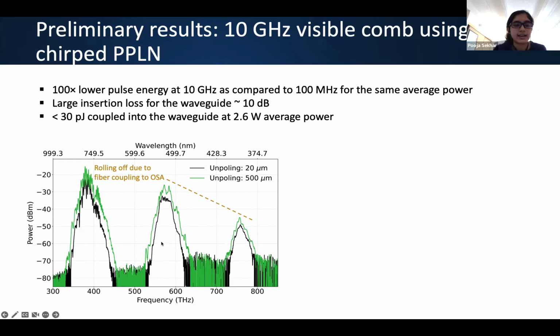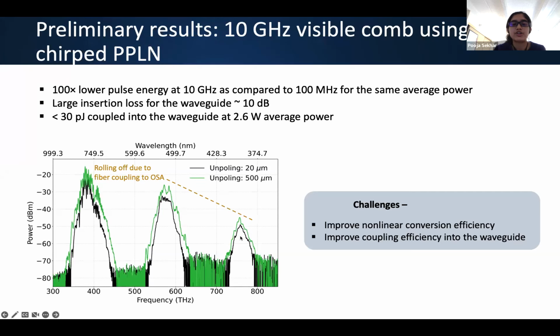Here we can see that the harmonics are efficiently generated, but the spectrum is not yet fully filled in. This shows scope for further improvements in developing a new design that improves the conversion efficiency into this wavelength region, as well as the coupling efficiency into the waveguide.